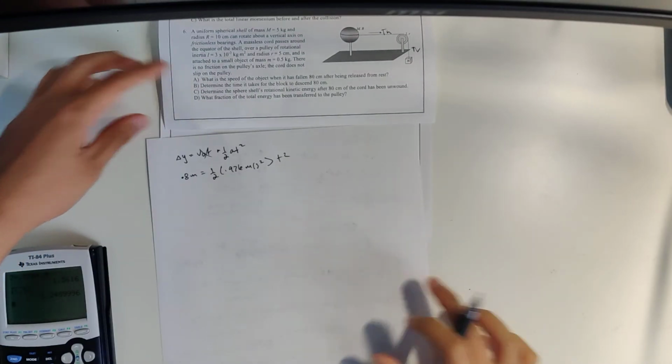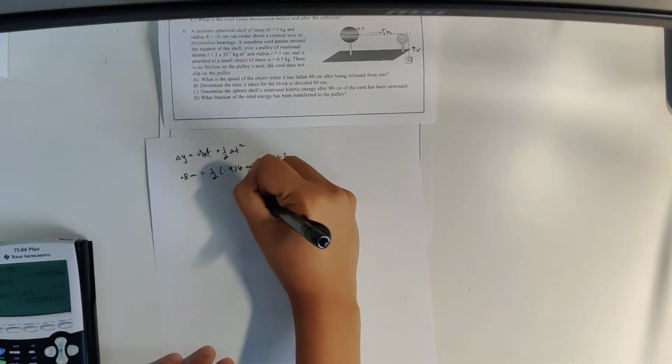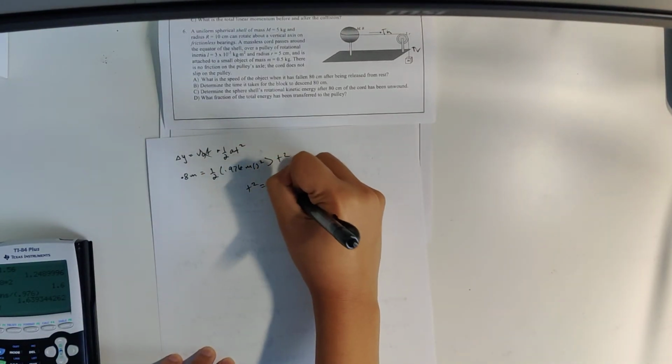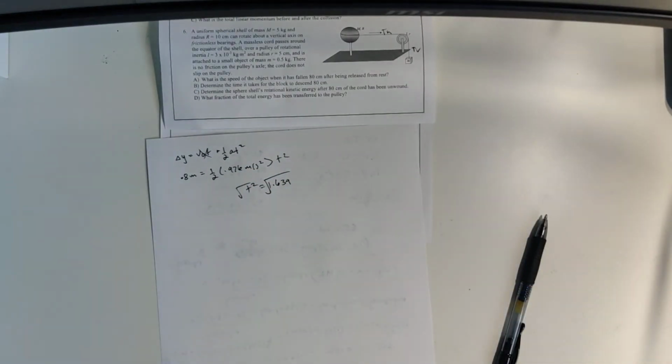So let's isolate for the t by first multiplying by 2. 0.8 times 2, and then let's divide it by our acceleration, 0.976. So I get t squared is equal to 1.639, square root to get rid of the square.